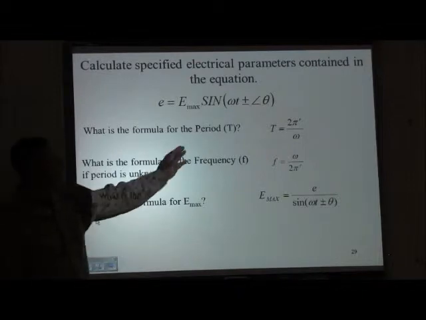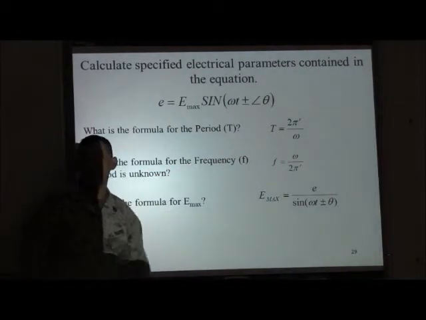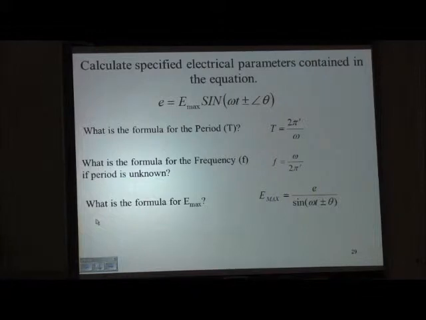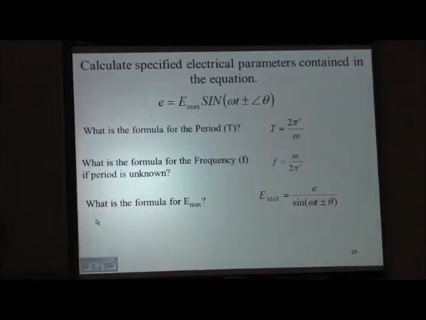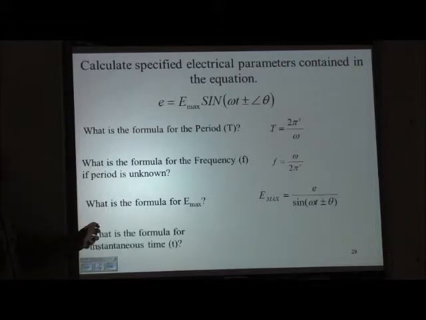So if you're given everything here except one value, you're given instantaneous voltage, you're given Emax, and the sine and angular velocity, which is that omega, find time. Well, if you're given everything except the plus or minus the angle, find the angle. Is everybody okay doing that? Okay.